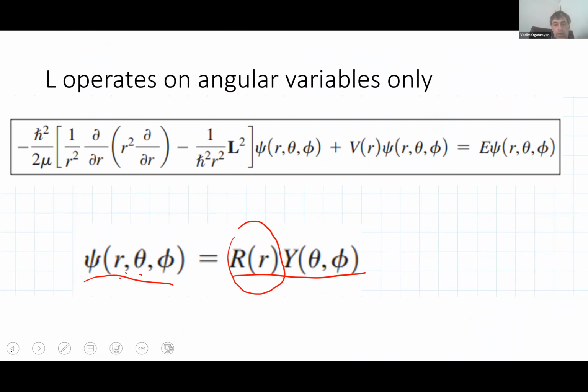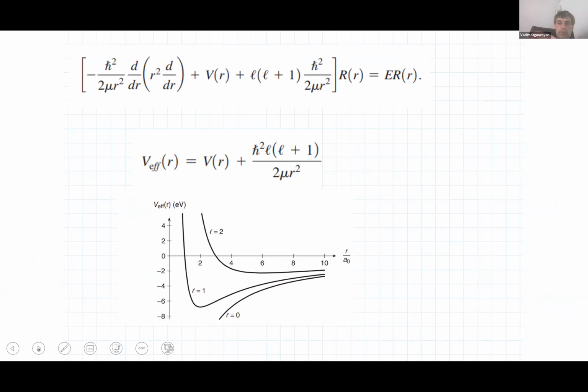Okay. And right, and so the point is that the energy from the angular motion only shows up as a coefficient of 1 over R squared. So the answer is that you have to first solve the angular momentum problem and then replace this with L(L+1), as we'll see on the next slide. Right here, this is L squared.